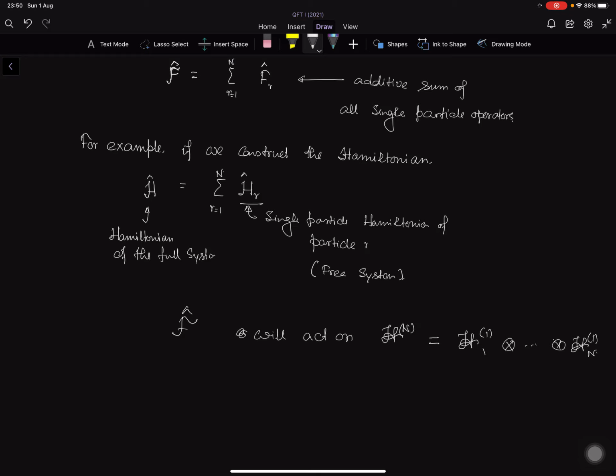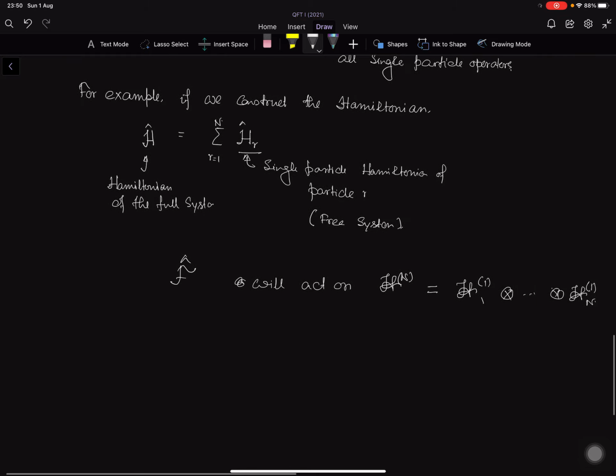In order to find this action, let's find the action of f of r.